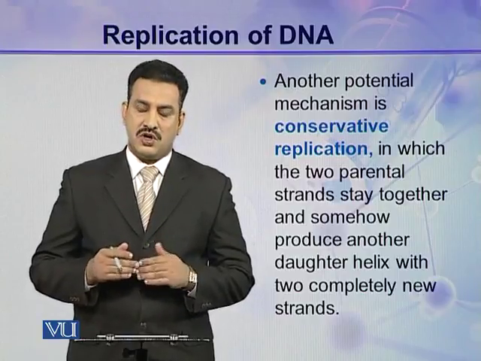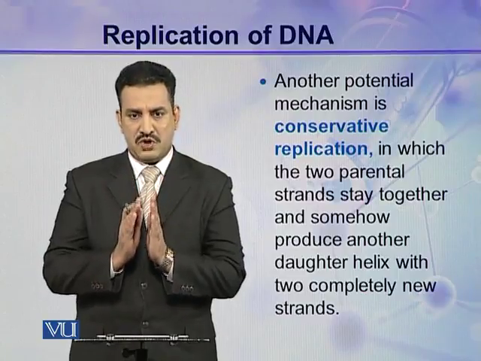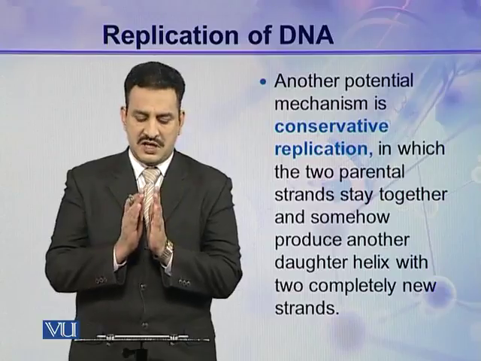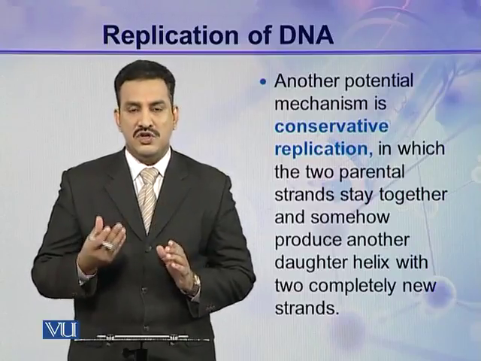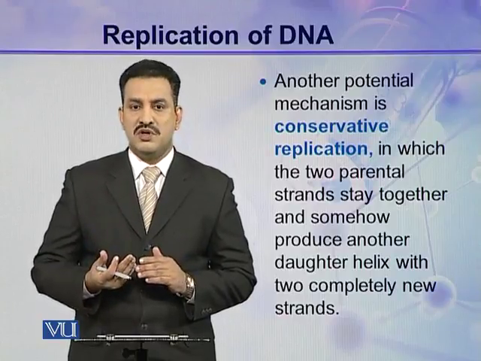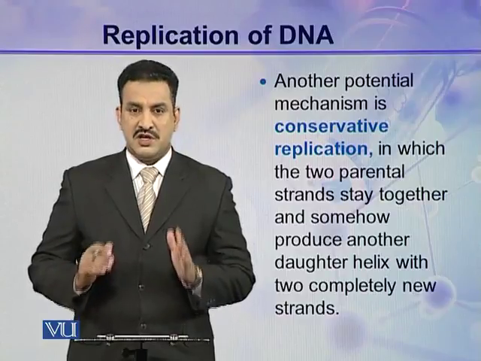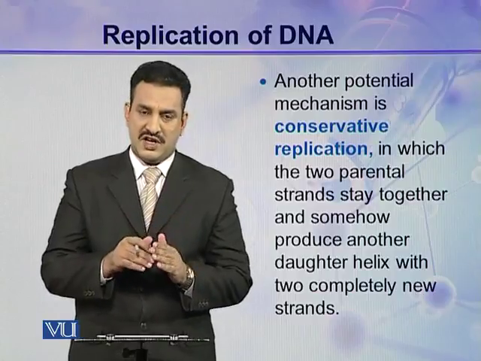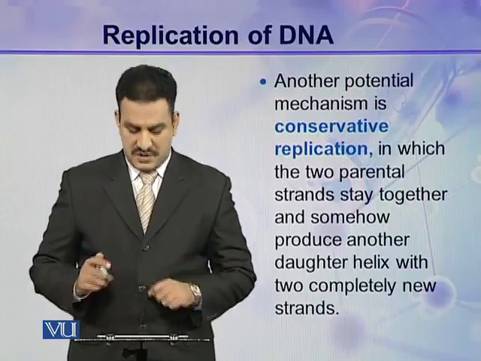So according to this model, the two strands in a DNA molecule don't get separated, and they make two new strands. So the newly synthesized DNA molecule is completely new. So this is called conservative replication. That is, in one of the DNA molecules, the parental strands are totally conserved.